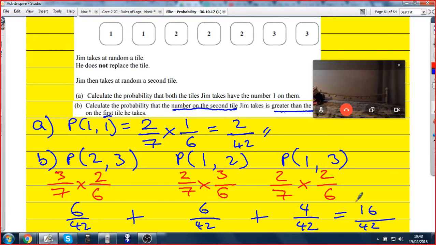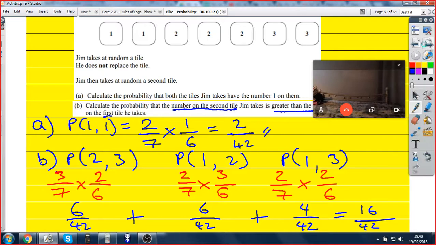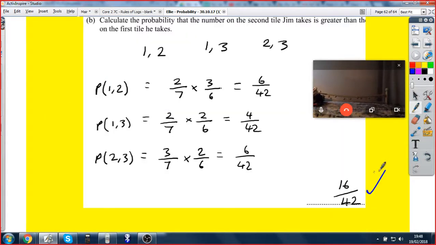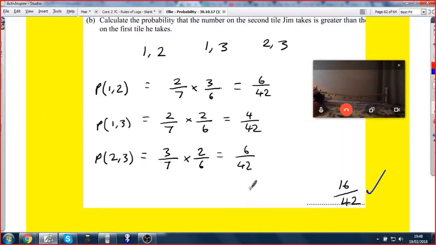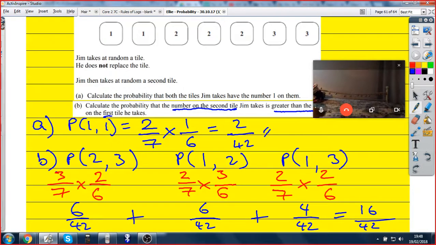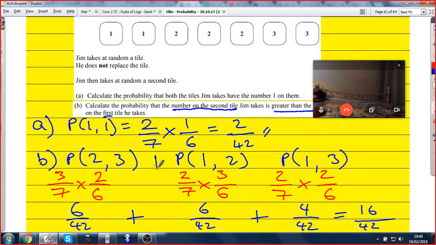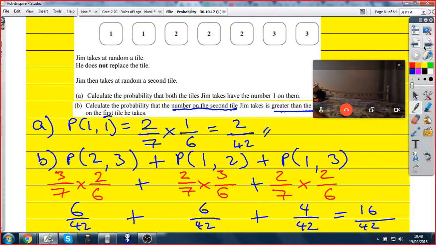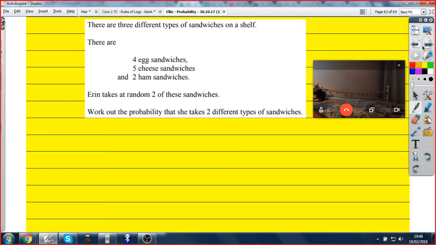And in total 16 chances out of a total of 42, or 16 out of 42. Okay, any questions there? No, I don't have any questions, but I think I need to work on that because I feel like there's quite a lot of steps that I would forget. I mean, everyone needs to work on this. It's very difficult.